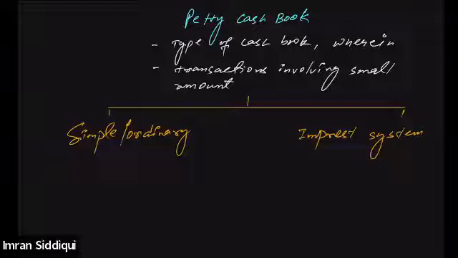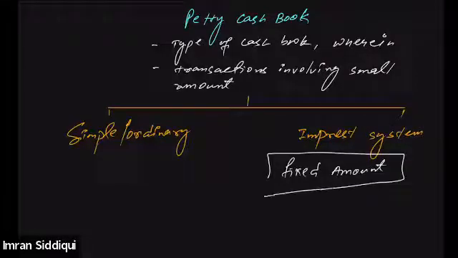But in case of the imprest system, a certain amount is fixed by the head cashier that needs to be given to the petty cashier for meeting all small transactions, so small inflows and outflows of the business.